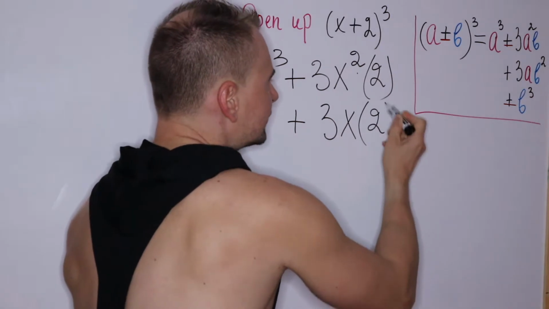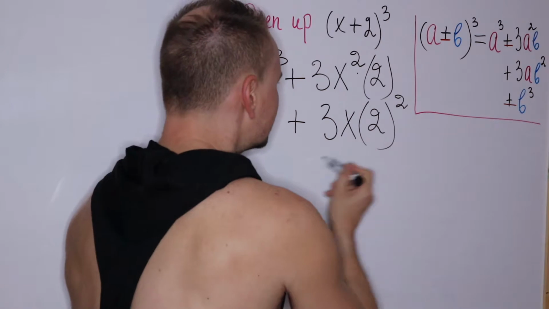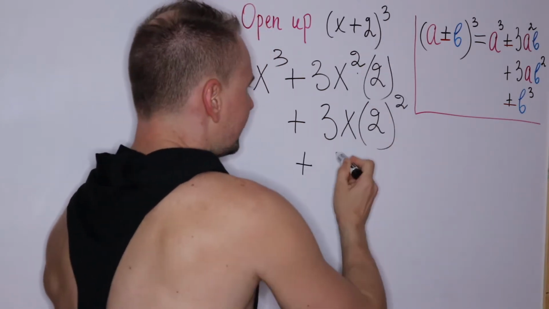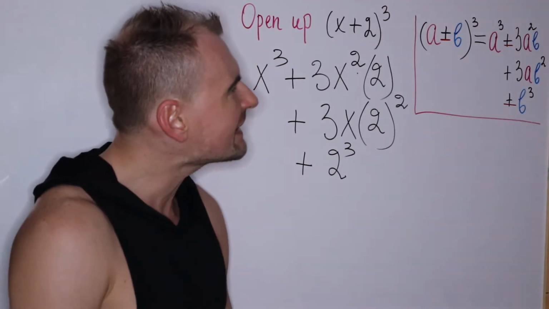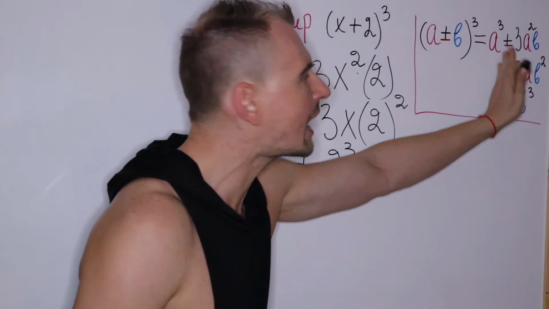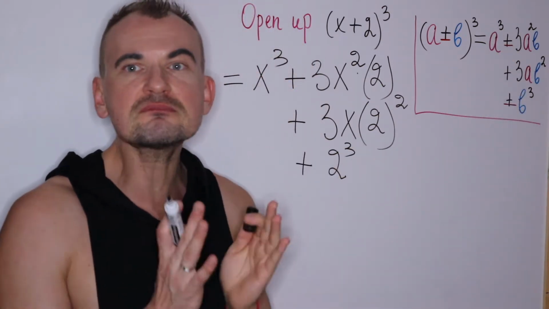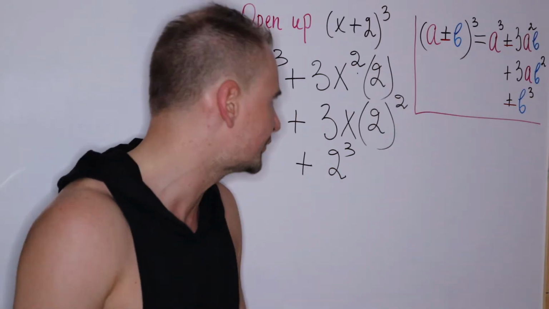And now we need to raise the second term to the second power. And we need to add at this point the last term, the second term, raised to the third power. Notice basically that the power kind of shifted, and you still have this 3 as a binomial coefficient, if you will, in front of your terms.